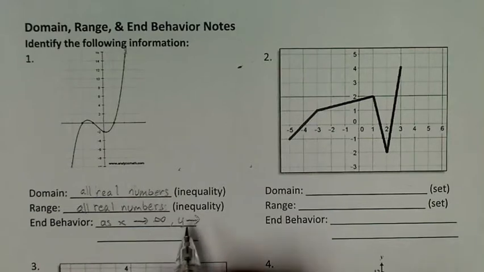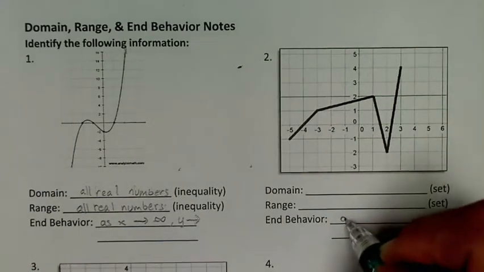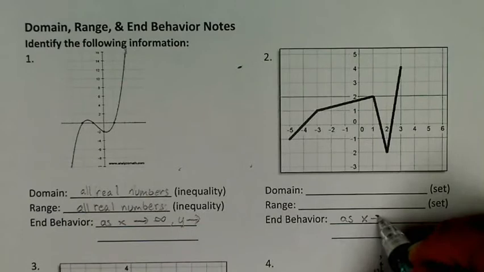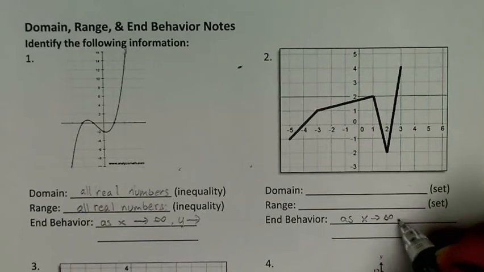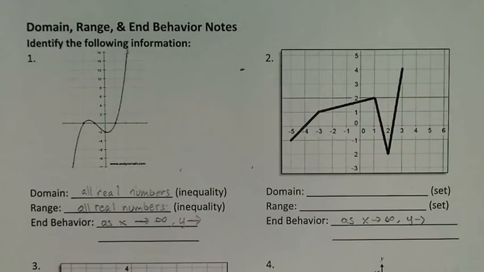Every single end behavior is going to start that way, so I could fill in this one already, even though we haven't even looked at that graph. So let's talk about it.